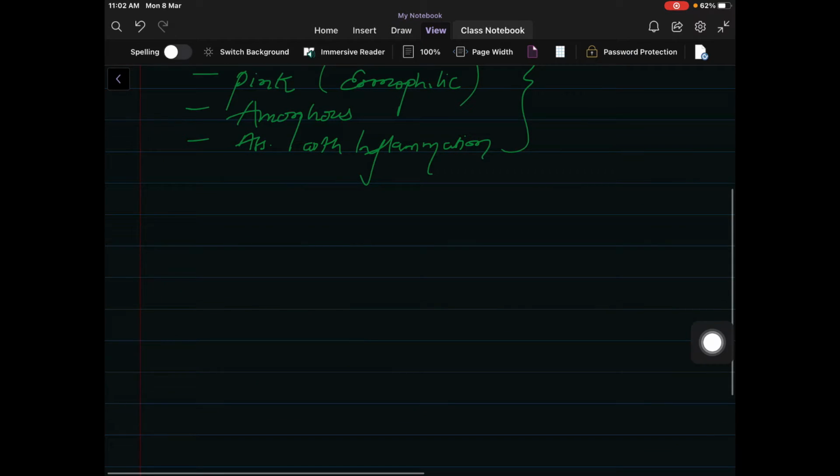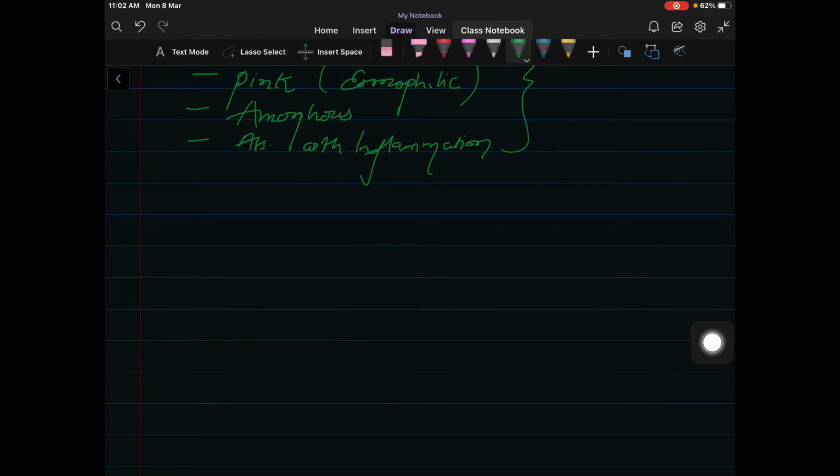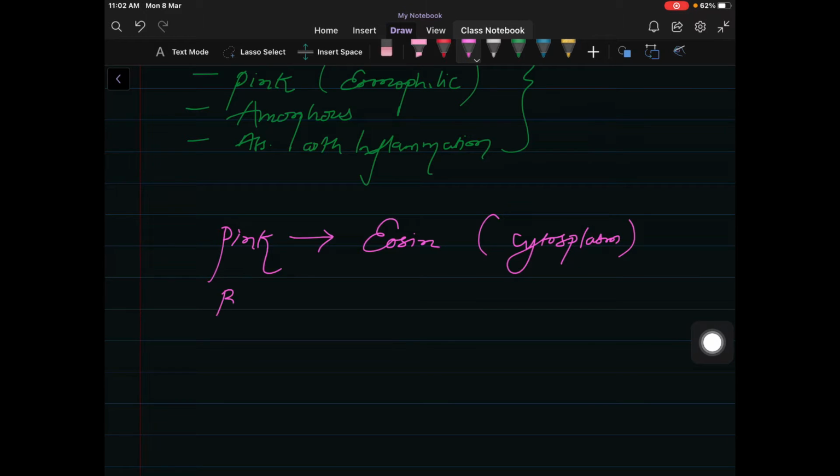Generally, the pink appearance is due to the eosin dye, which is taken up by the cytoplasm while staining, and the blue appearance is due to the hematoxylin, which is taken up by the nucleus.